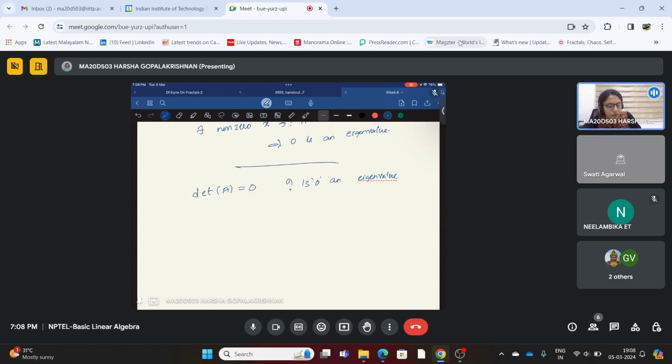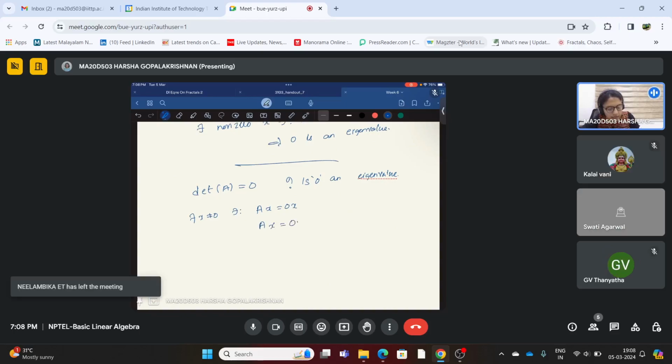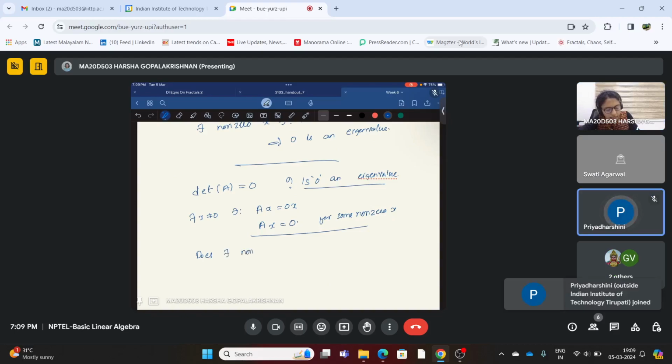So 0 is an eigenvalue means there exists an x not equal to 0 such that Ax equal to 0x. That means we need to prove that Ax equal to 0 for some non-zero x. Correct? Now, does there exist a non-zero x like that?